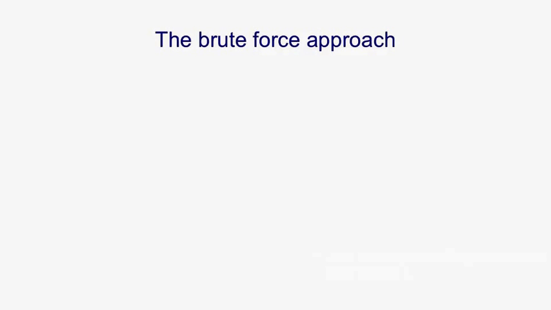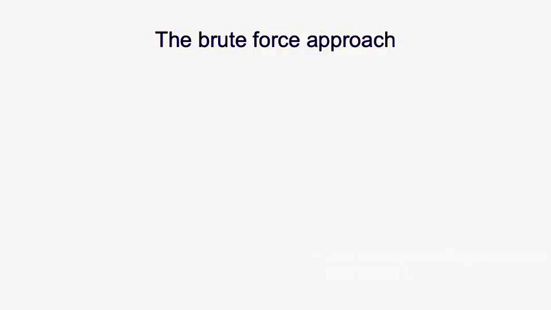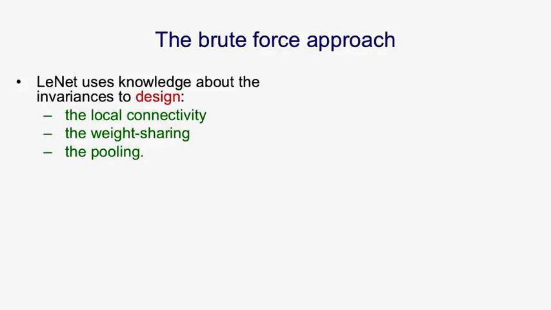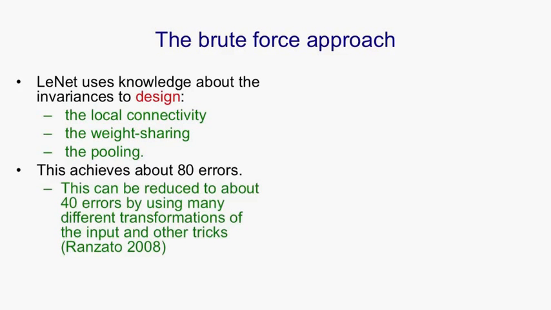So, using the idea of synthetic data, there's a brute force approach to handwritten digit recognition. LeNet 5 uses knowledge about invariances to design the connectivity and the weight sharing and the pooling. And that achieves about 80 errors. Adding a lot more tricks, including synthetic data, Marco Ranzato was able to get that down to about 40 errors.